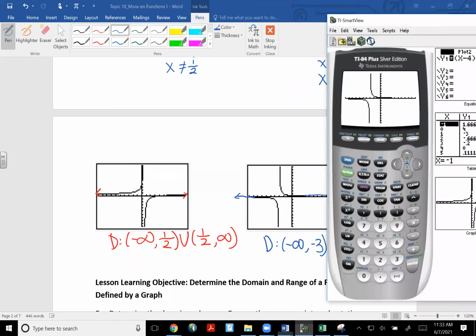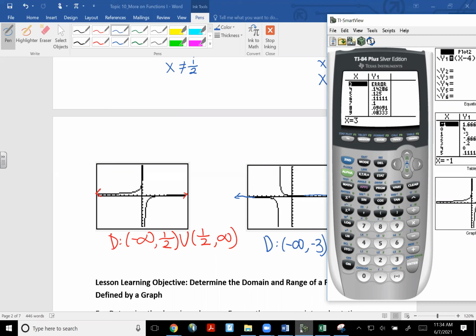So what's happening here is, see right here, this darker part of the graph is probably already past 3. But if you look closely on the table, when x equals 3, there's an error message here. It's different than at -3. At -3, you can see the graph kind of broken apart, right?